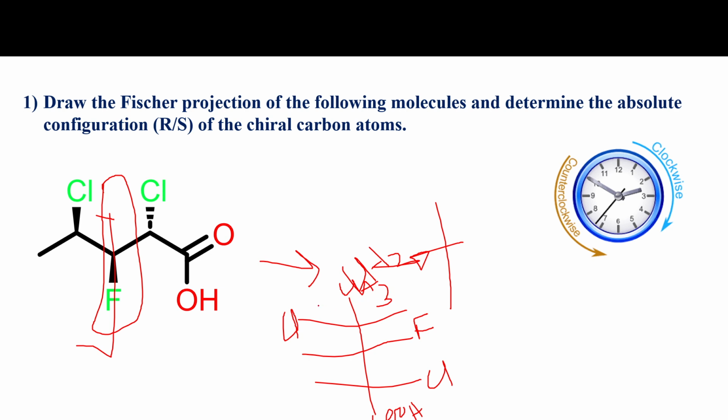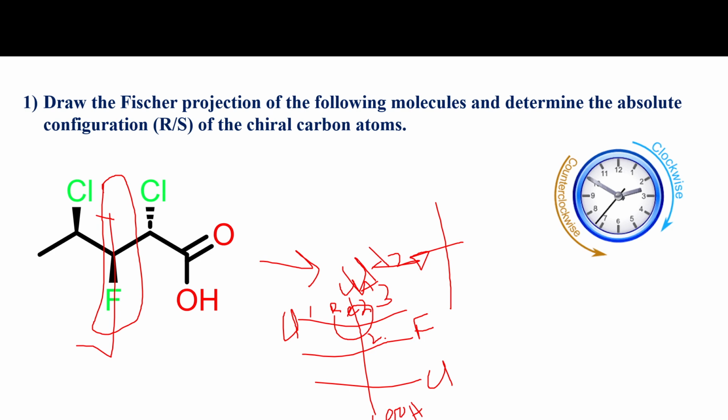So your chlorine will be the first priority, this will be second priority, this will be third priority. And you know that first, second, third is rotating. Which direction? Counterclockwise. So that will be R.